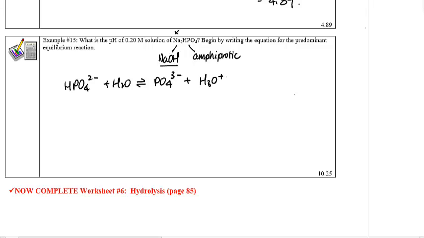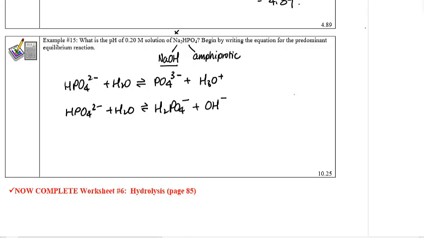The second option is HPO4 2- reacting with water, giving you H2PO4- plus OH-. As we take a look at these two equations, both of them are plausible. But which one is most likely going to happen? And so what we're going to need to do is analyze this in terms of its Ka and Kb values.